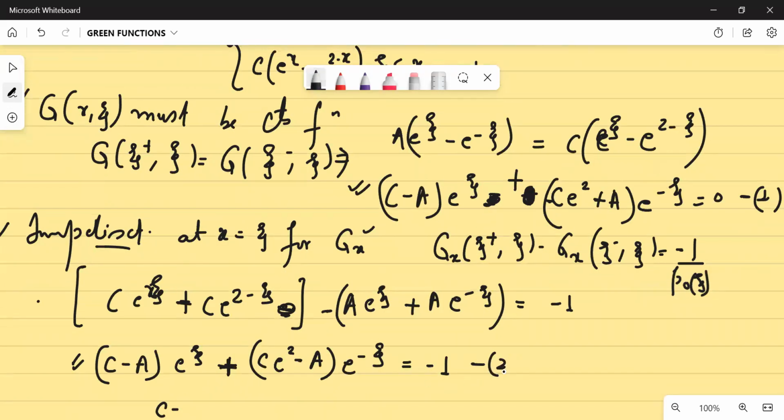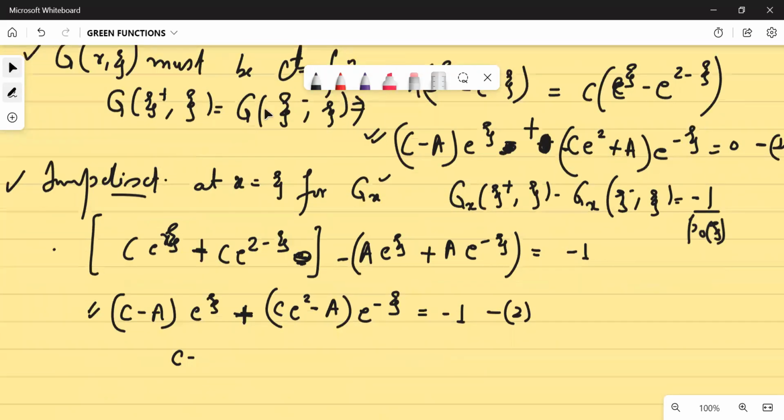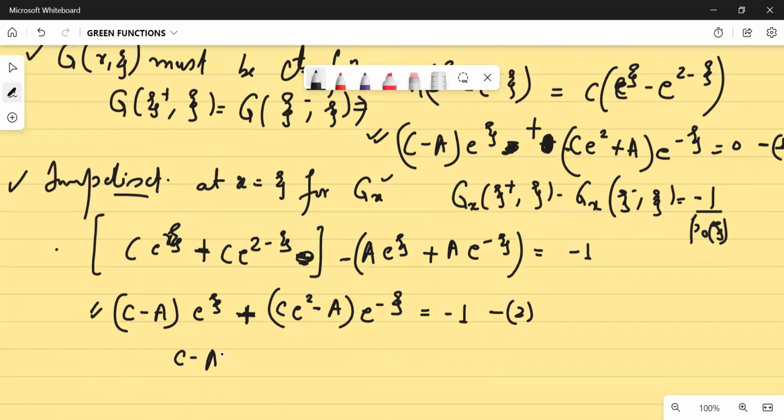If I add equation 1 and equation 2, this will go away, and what remains is c. Yes, student? I was saying that instead of adding, if we subtract, wouldn't one term cancel? Look, if you add, I think this a minus c e square e^(-ζ) and this c e square minus a will get cancelled.